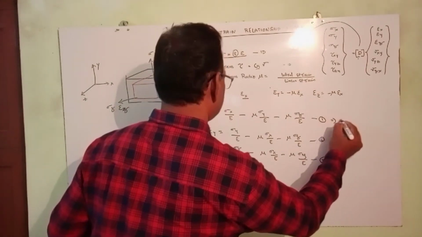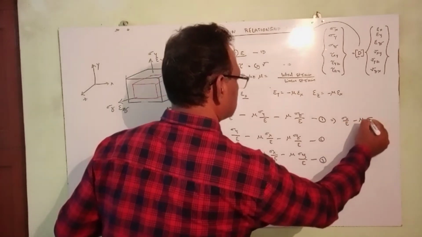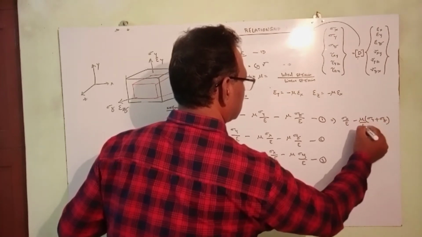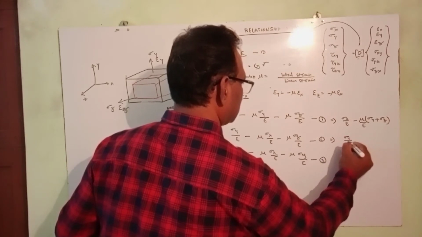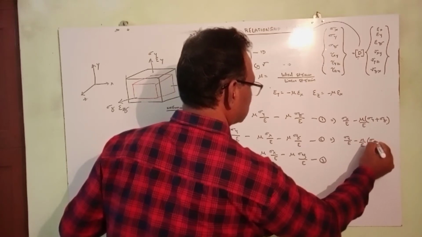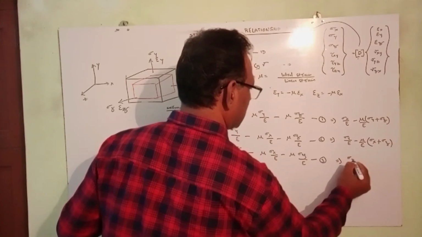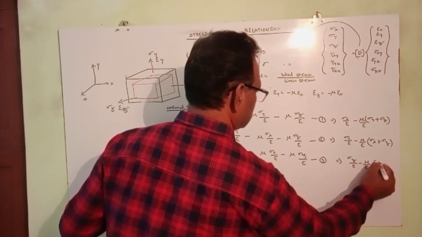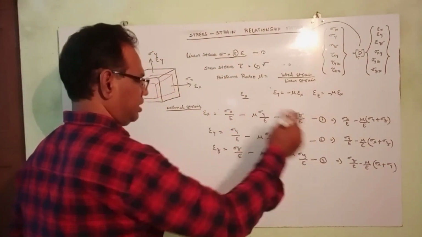This I can rewrite like this: epsilon x equals sigma x by E minus mu into sigma y plus sigma z, into 1 by E. Similarly, epsilon y equals sigma y by E minus mu by E into sigma x plus sigma z. Similarly I can modify this: epsilon z equals sigma z by E minus mu by E into sigma x plus sigma y. This is equations 1, 2, 3.